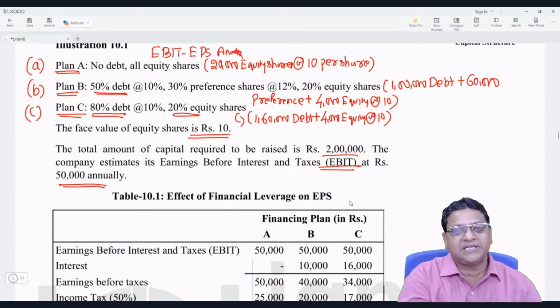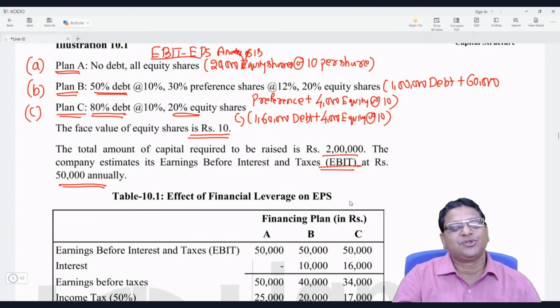What we have to do is find out EBIT in different plans and EPS in different plans, and the plan where EPS is highest will be our optimum or best capital structure.